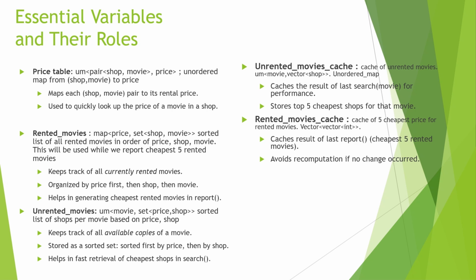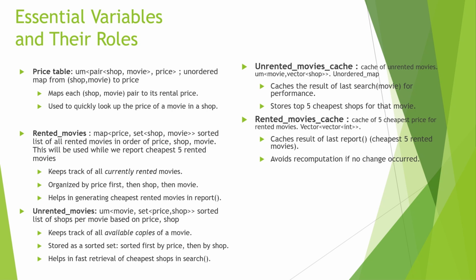Before jumping into our algorithm, let's first understand the important variables that we'll be using to solve this problem. The first one is the price table. The price table is required when we want to know, for a given shop and movie, what the price is. So we want a typical map from movie and shop to price.